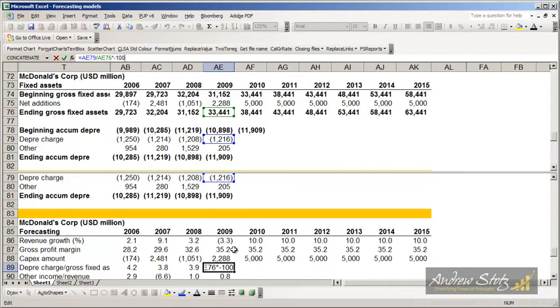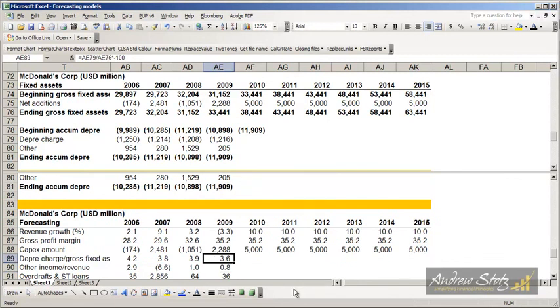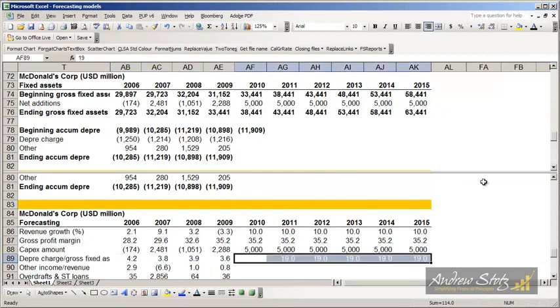That's going to give us a ratio. We'll multiply it times minus 100 because we want it to be positive down here. It just makes it easier when we're forecasting to have a positive number. And we can see it's about 4, 3, 3.5. So I'm going to keep that at the same level. I'm going to say this equals that and copy that over.